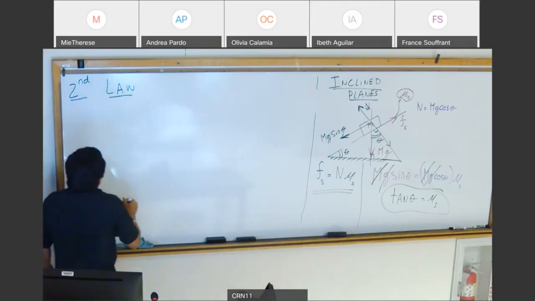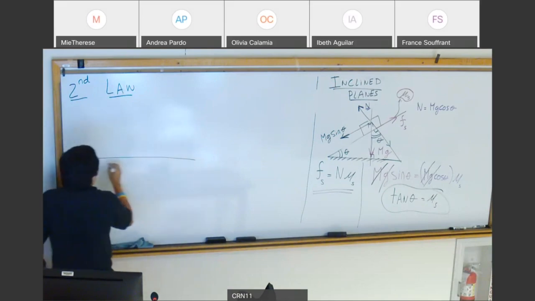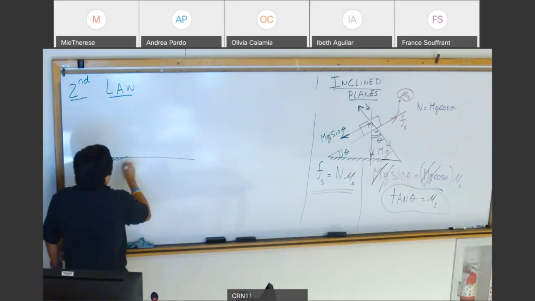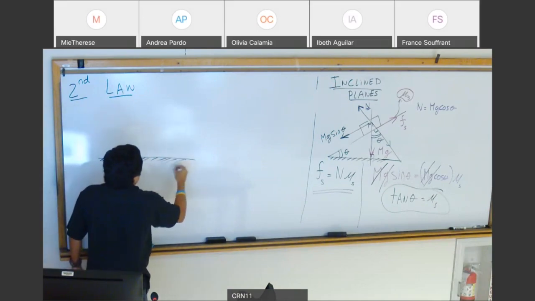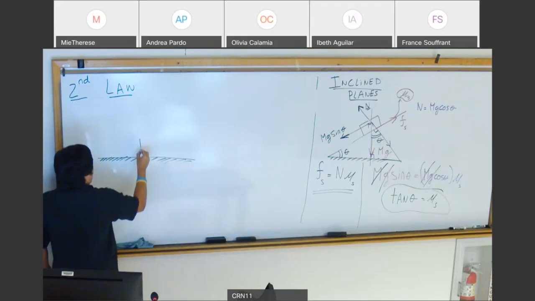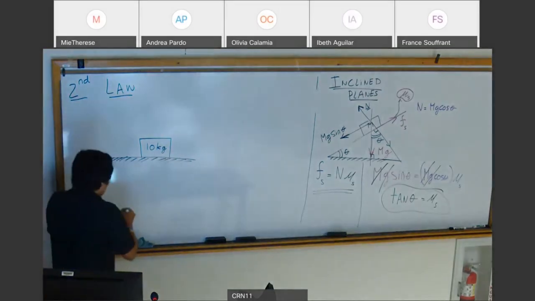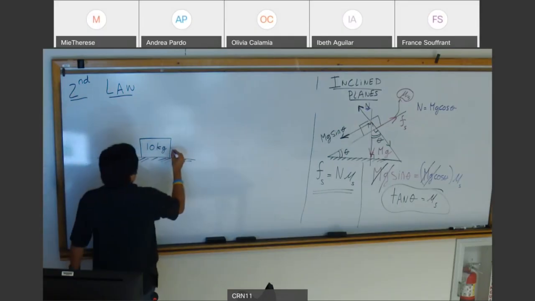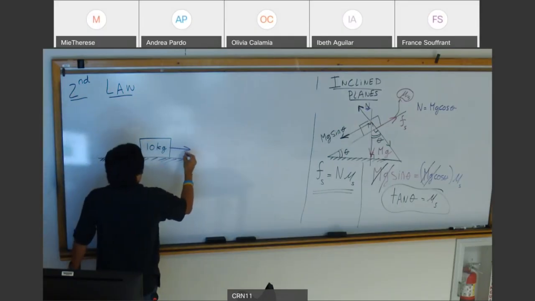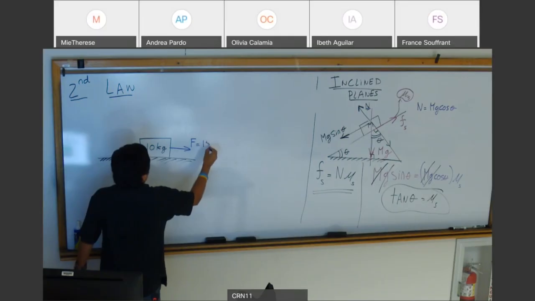There you are. So pretty much we're gonna have a body on a horizontal table which is 10 kilograms of mass. The body is being pulled with a force of 150 newtons.